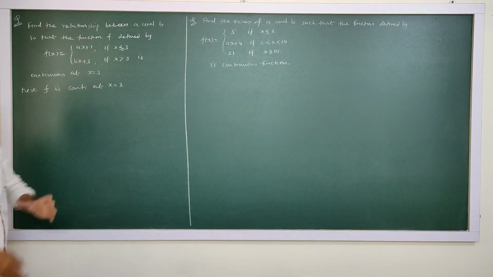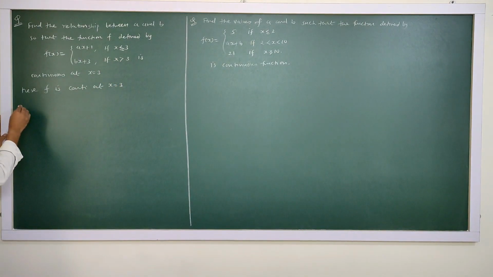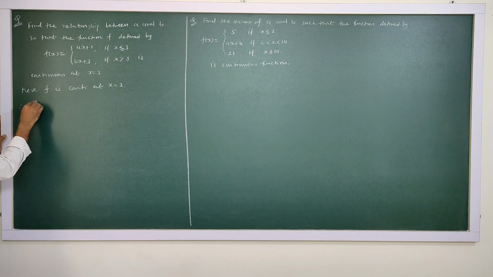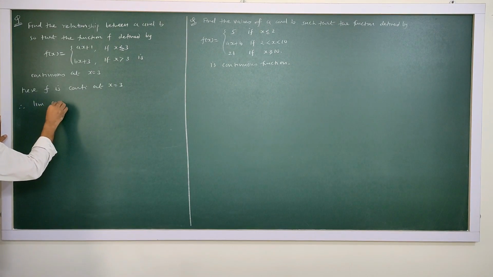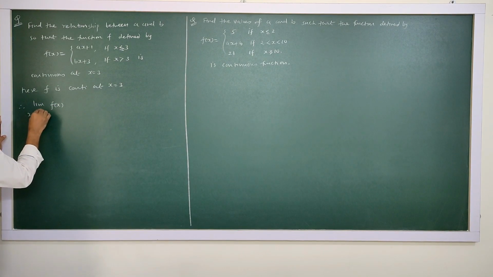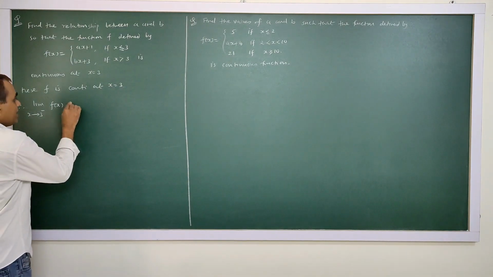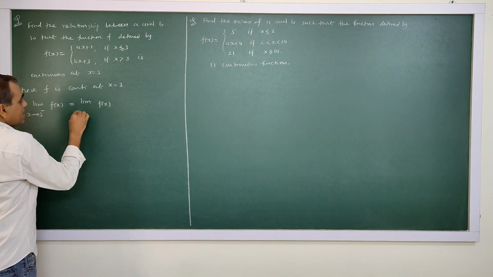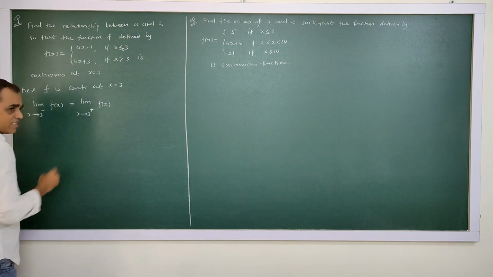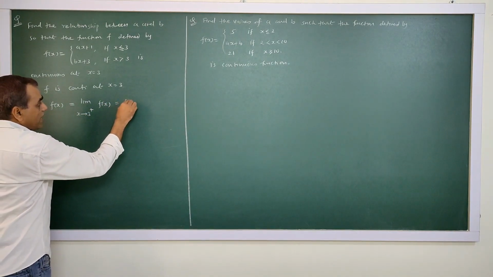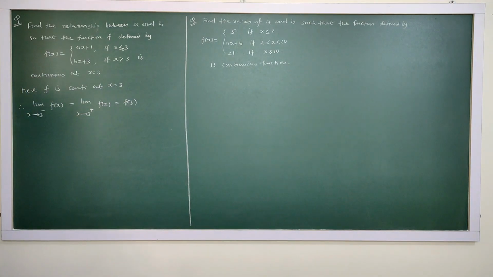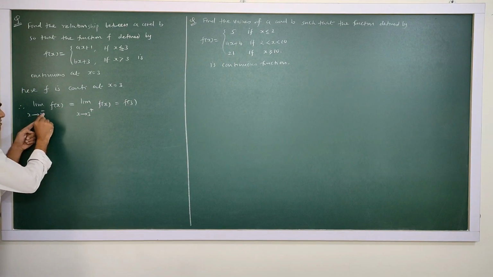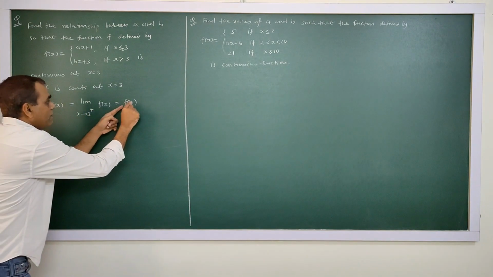So by the definition of limit of a function, the limit of f(x) as x tends to 3 from the left side will be equal to the limit of f(x) as x tends to 3 from the right side, equal to f of 3. See here, 3 from left, 3 from right, f of 3.